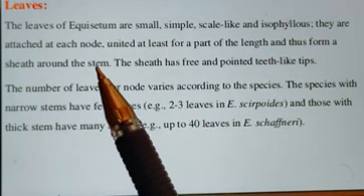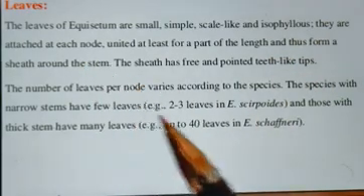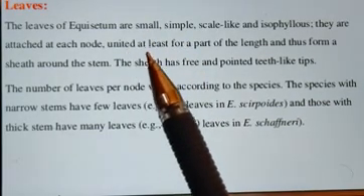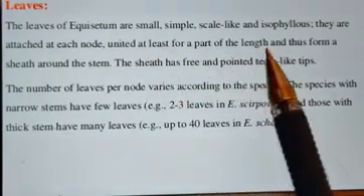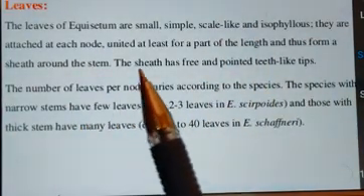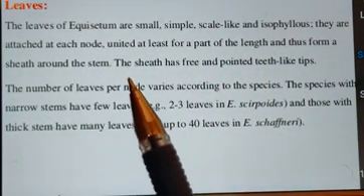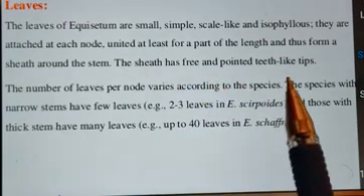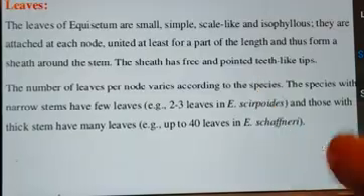They are attached to each node, not in the internode, united at least for a part of the length, and thus form a sheath around the stem. Okay, the sheath has free and pointed teeth-like structure.